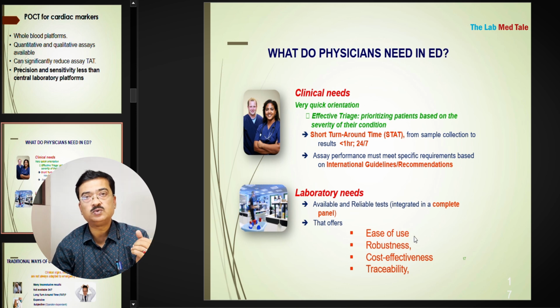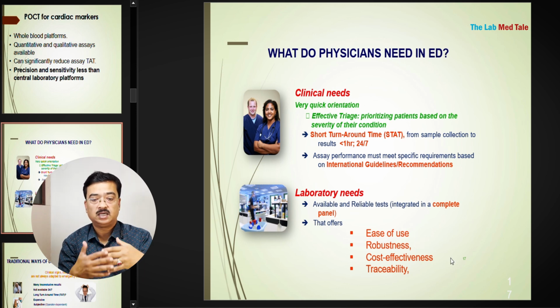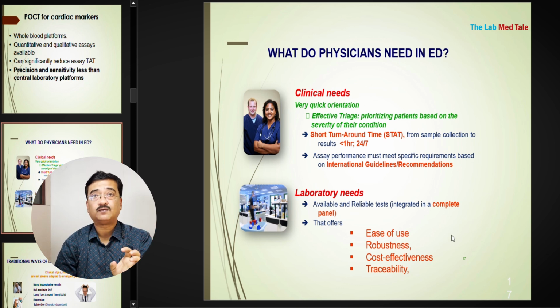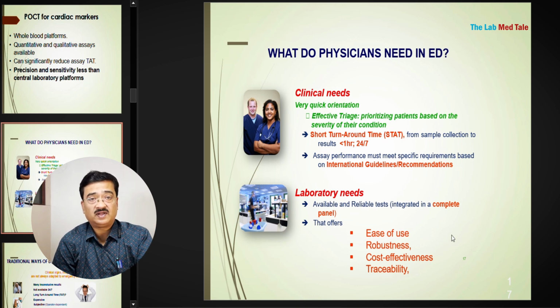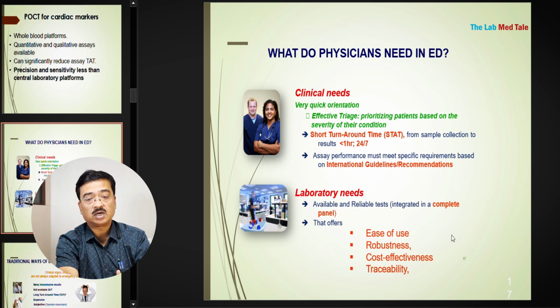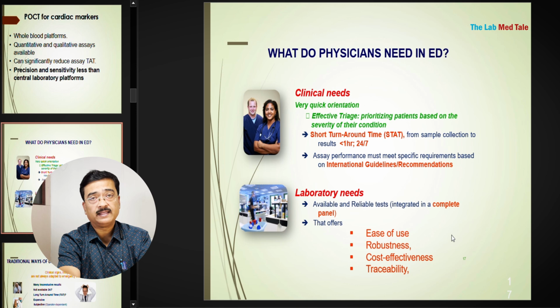But laboratory use needs ease of use, robustness, cost effectiveness, and of course traceability. You cannot have a non-validated method to work on or test on. So this is what a physician's requirement is and this is a lab requirement. So point of care testing tries to manage both requirements to become a useful tool for treatment.